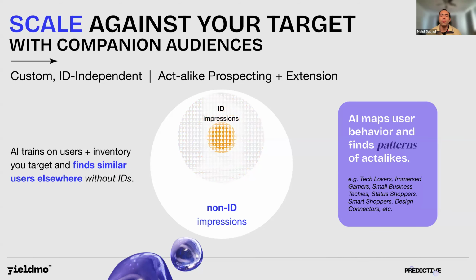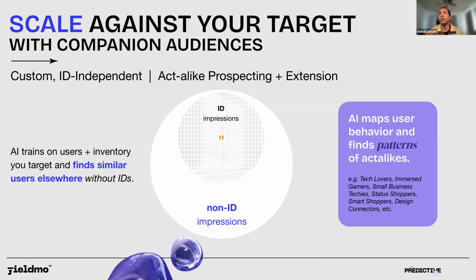Let's say you're selling a gadget and you want to advertise to tech lovers. But the question is, where are these people? How can you reach them and show them my gadget so they would be interested in purchasing it?